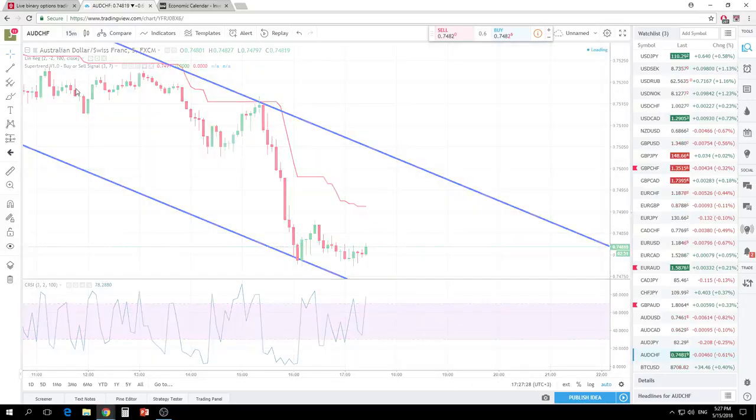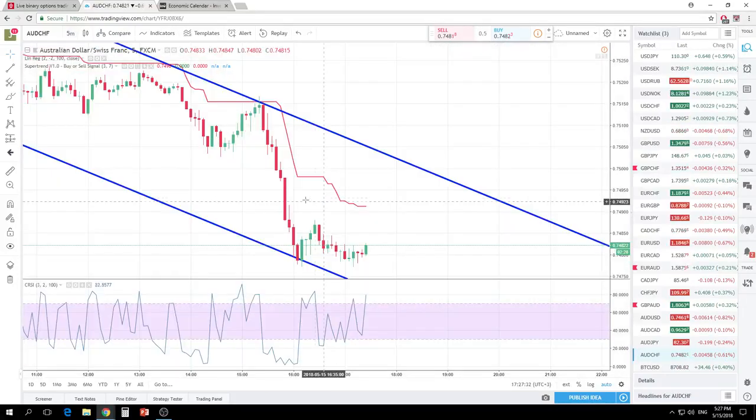And Australian dollar Swiss franc can be also okay, not perfect, but okay to trade on it.